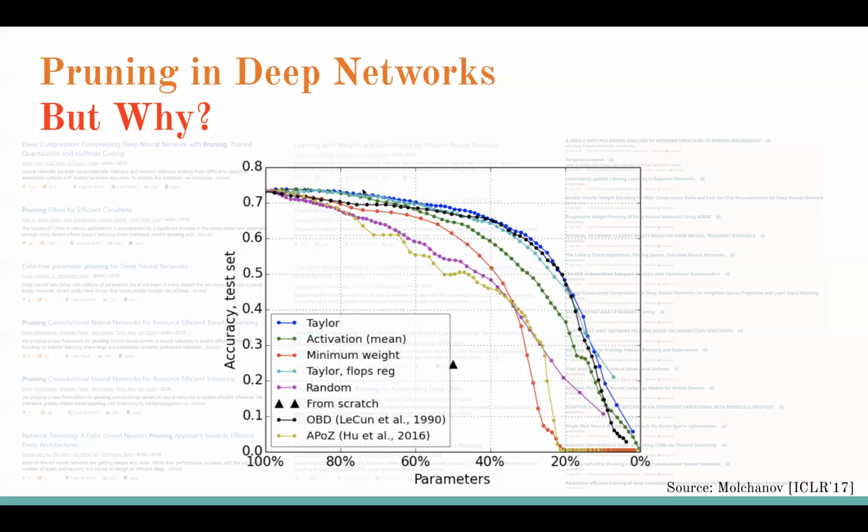Because after the pruning, this point and this point are basically the same network, same structure, same architecture, same number of parameters, but this model has terrible performance compared to this model. Why? Because this model started with much bigger, so it was easier to learn.